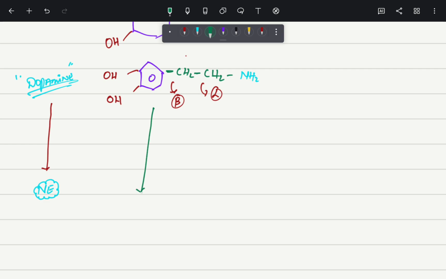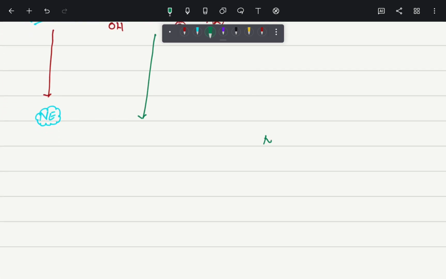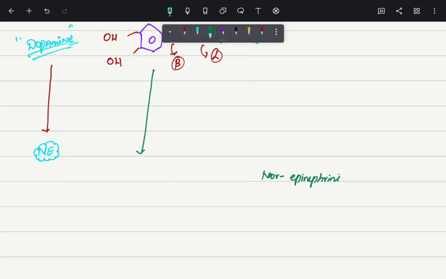So this dopamine is getting converted into norepinephrine, and this step is regulated by an enzyme called your dopamine beta hydroxylase. Now why is it called a beta hydroxylase?